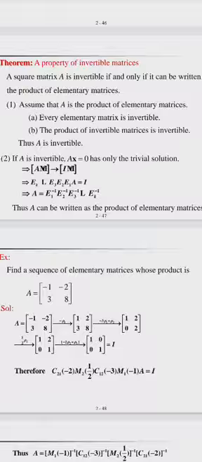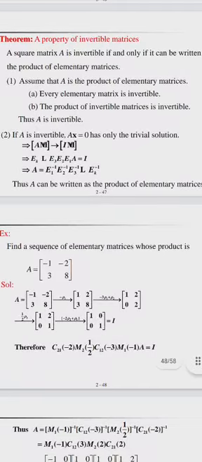Second part, the converse. Conversely, assume that A is invertible, and we need to prove that it is a product of elementary matrices. Since A is invertible, Ax equal to 0 has only the trivial solution.